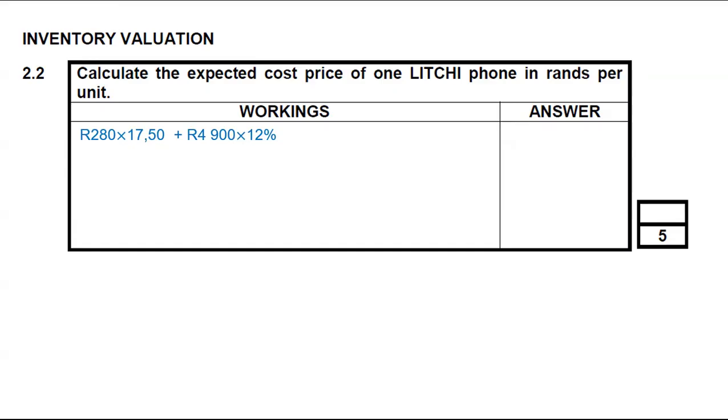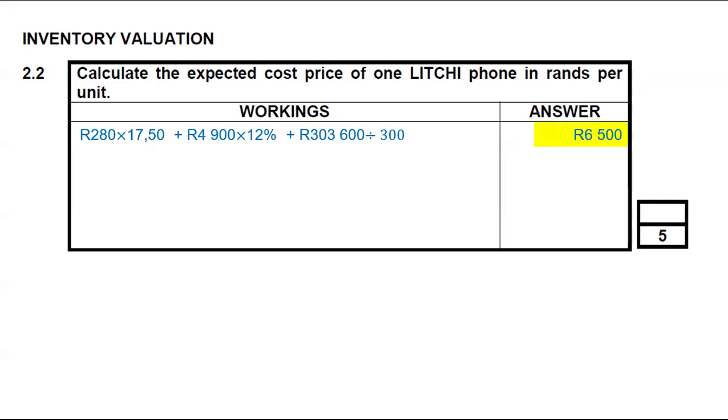You will have to divide it by 300 to determine how much it cost you to transport one litchi from the United States of America to South Africa. So you will take that 303,600 divided by 300, and this will give you the unit cost of each litchi, which will be 6,500.